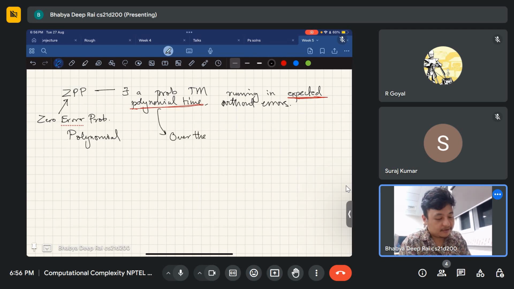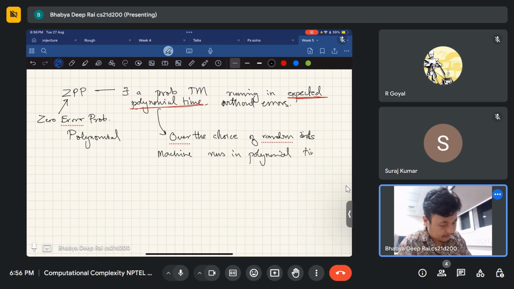Over the choice of random bits, the coin tosses, sorry, over the choice of coin tosses, the machine runs in polynomial time on average. Is that clear?